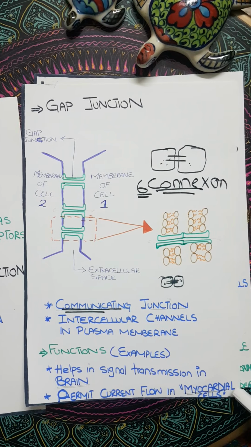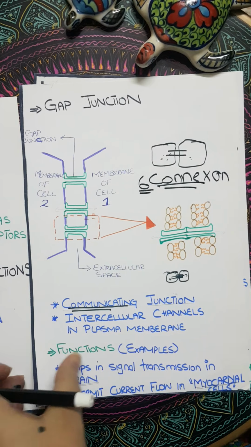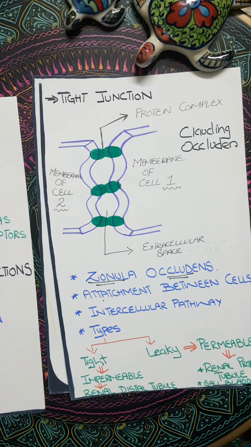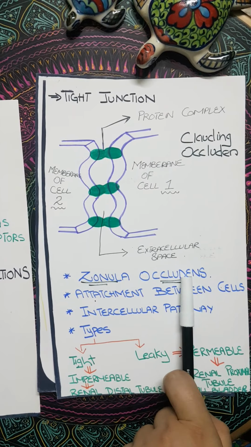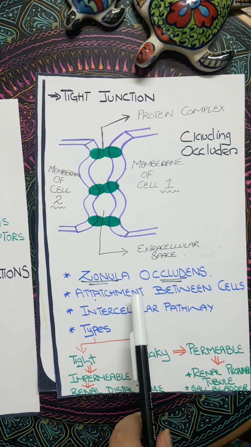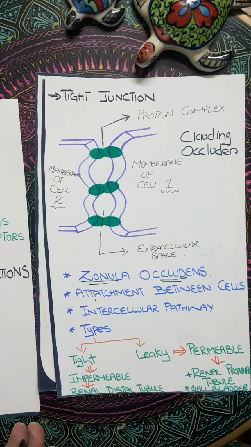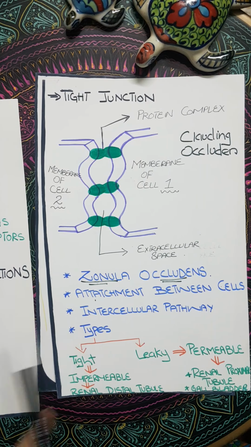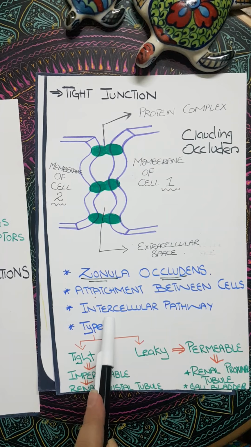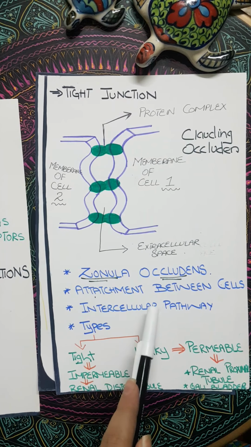The second one is tight junctions. Tight junctions are also called zonula occludens. They form a tight attachment between cells, such as epithelial cells, or they may be in intercellular pathways.